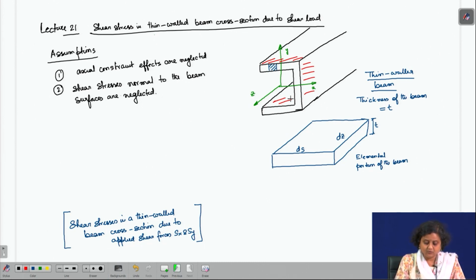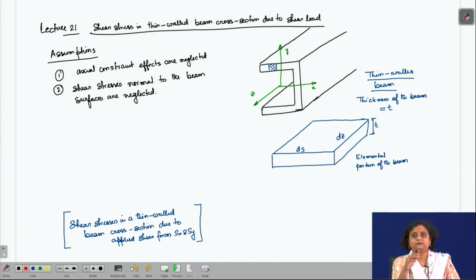Let me reframe what I said in other words. The shear stresses, sorry, not normal stresses, the shear stresses which are normal to the beam surfaces are assumed to be 0. Why is this a good assumption?